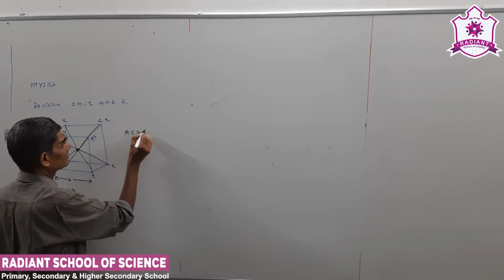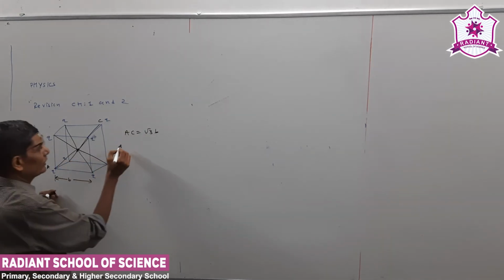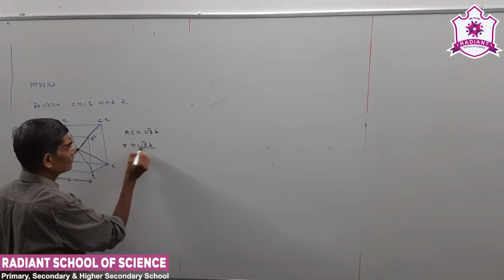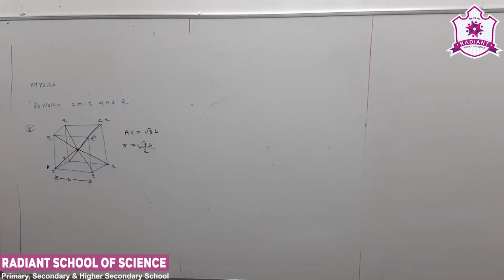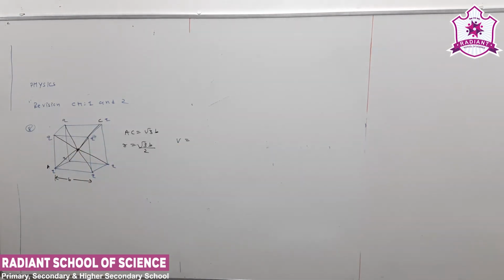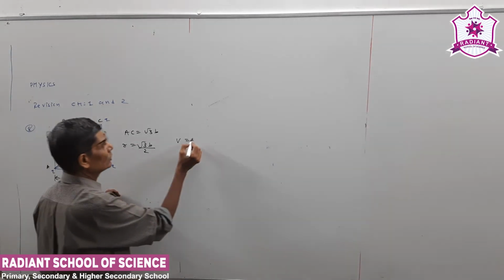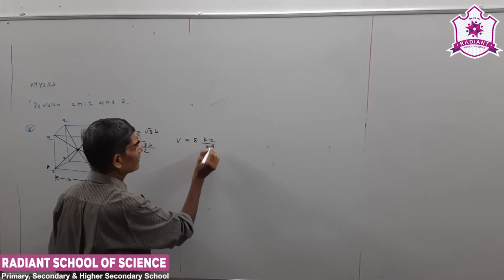AC will be root 3 b. Now the center will be at the midpoint, so R will be root 3 b by 2. So the distance of each vertex from the center will be root 3 b by 2. Now potential is a scalar quantity. The point charge formula is kQ by R. There are in total 1, 2, 3, 4, 5, 6, 7 and 8 charges. So it will be 8 into kQ by R.